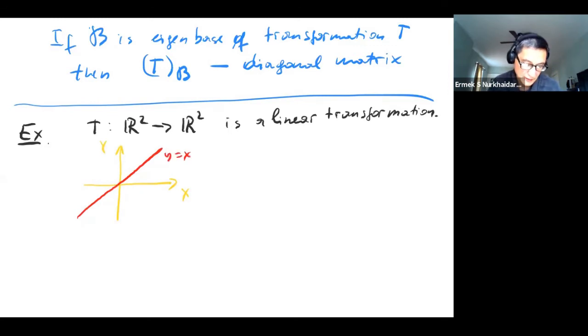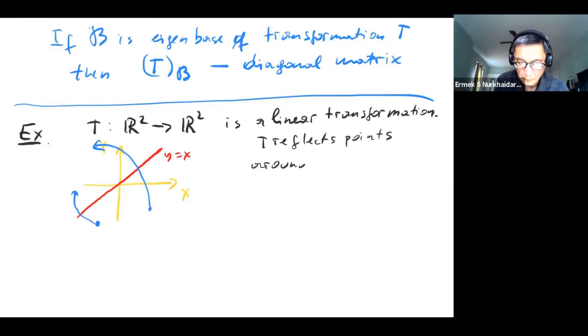What that linear transformation does is it takes a point and moves it around that straight line y equals x. It takes this point and moves it here, takes this point and moves it somewhere here. So it reflects points around the straight line y equals x.